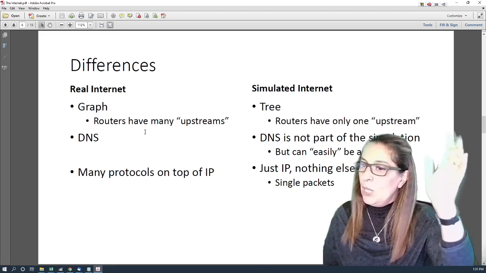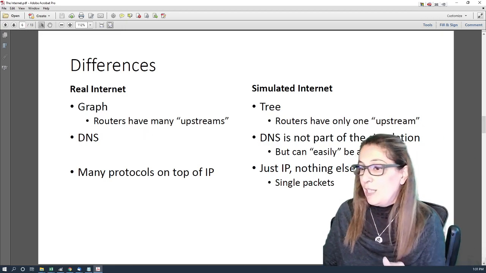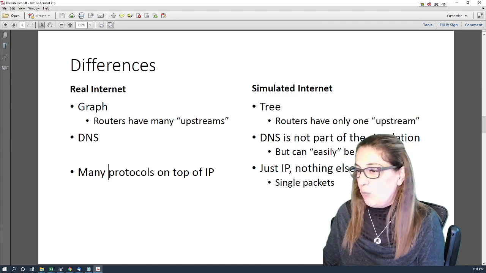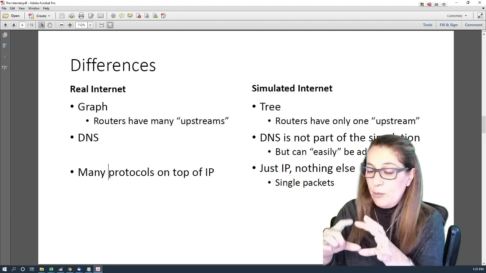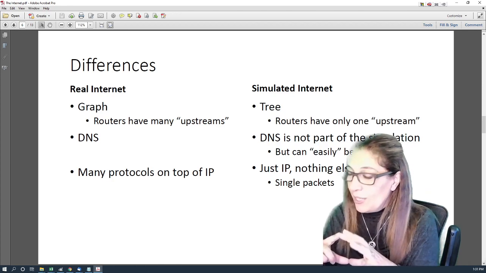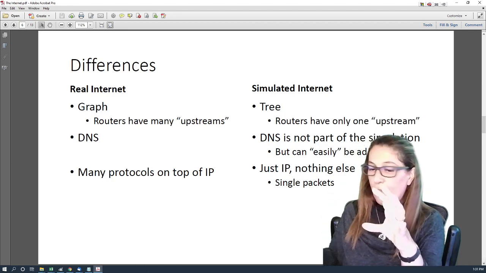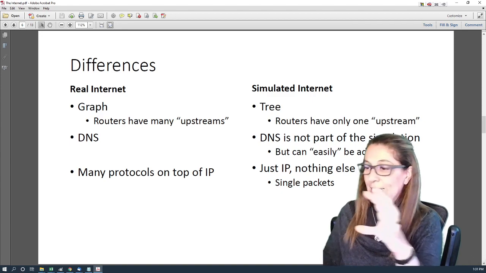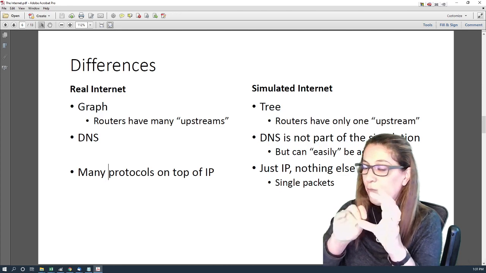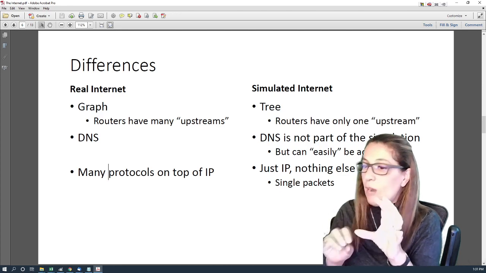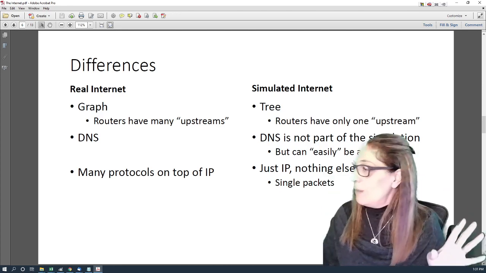One bad thing about the topology that we have here, because it's a strict tree, is that if one of the routers in this tree is misconfigured, the entire downstream from there is going to be disconnected from the network. So if one of you messes up the street router, that street becomes unavailable.